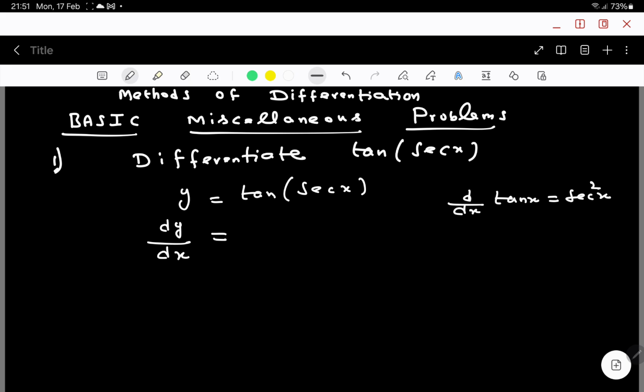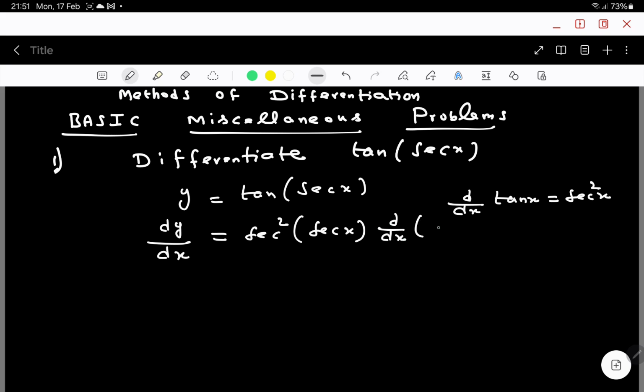Again d by dx of x is 1. So secant square x into 1 is secant square x. Similarly, now we differentiate tan of secant x. Differentiation of tan of secant x is secant square secant x. Again differentiating the secant x. That is called chain rule.